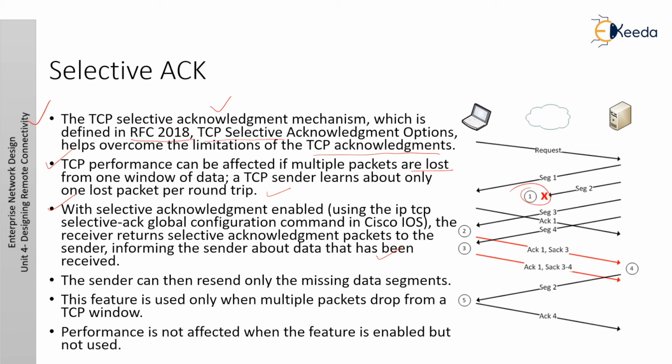The sender can resend only the missing data segments. This feature is used only when multiple packets drop from a TCP window. Performance is not affected when the feature is enabled but not used.